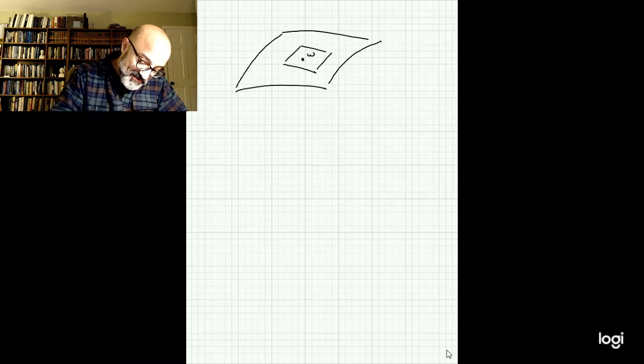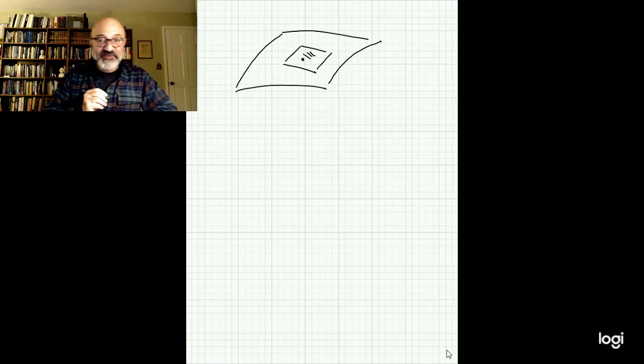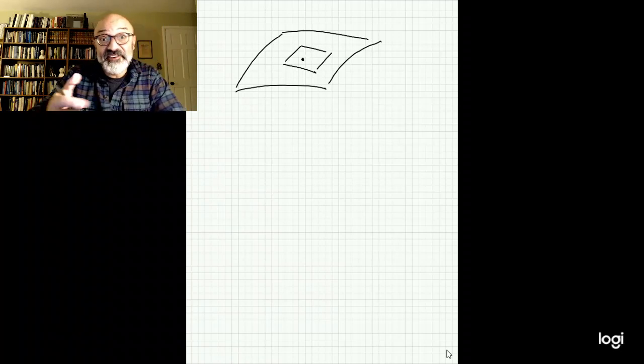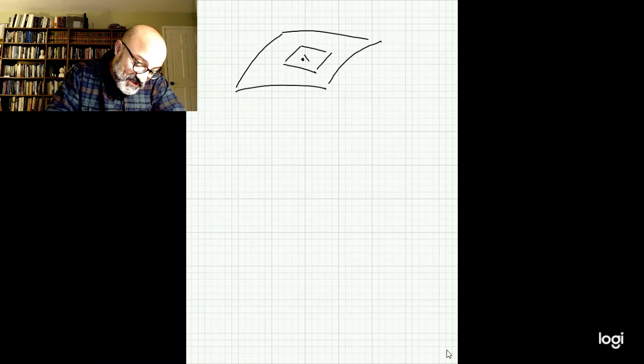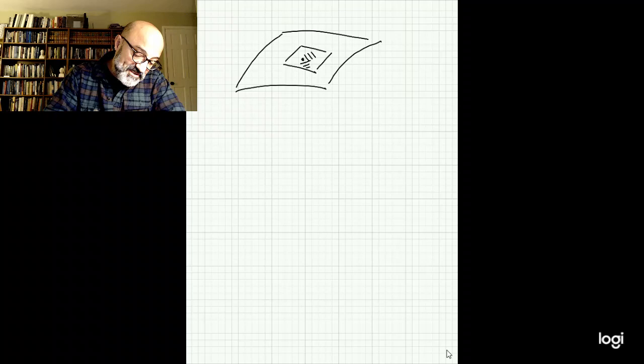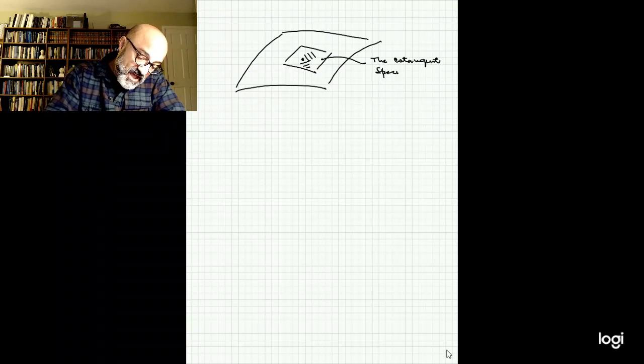The better way to think of a covector is in terms of little lines like that, because it's like a gradient, right? Covectors are a gradient, so you have one possible gradient, here you have another possible gradient. The space of all possible covectors is called the cotangent space. It's a space of covectors. The cotangent space at the point theta.